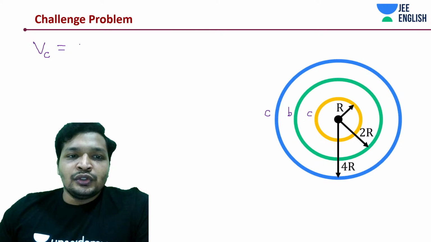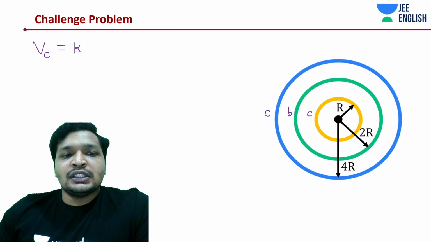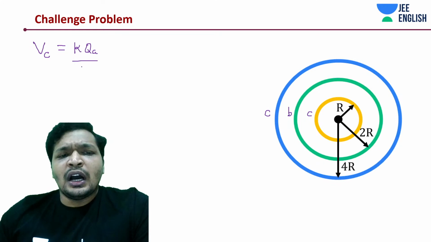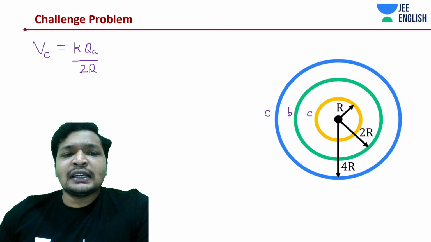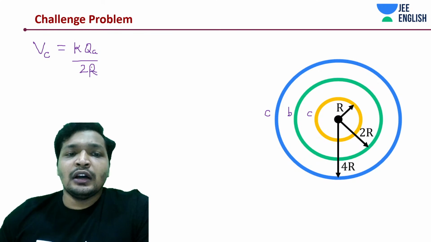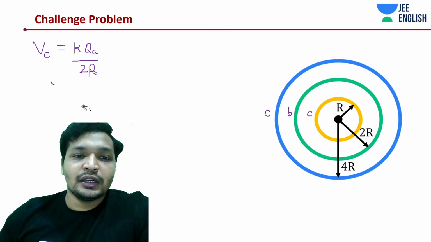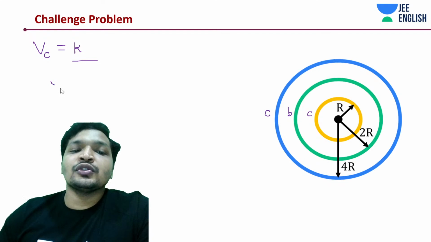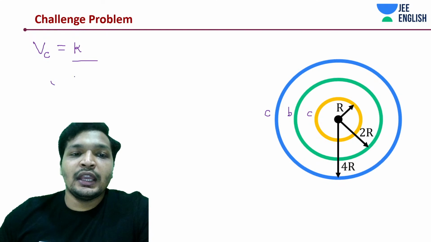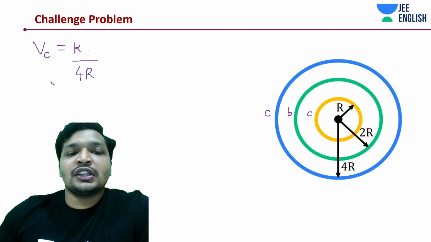So this is due to surface S double dash. So this is KQA by 2R, I believe that's what it is. I'm going to directly replace the value of QA by 4R. Let me correct this quickly. And I'm going to also write down the value of QA as it is. So what is QA?